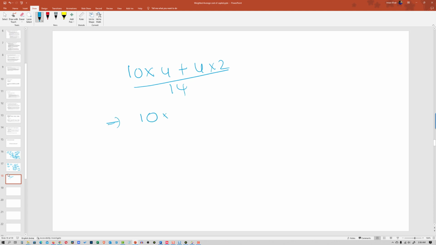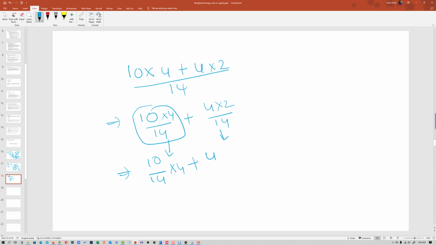I can say 10 times 4 divided by 14 plus 4 times 2 divided by 14, and I can also say 10 divided by 14 times 4. I'm just writing this as this. Likewise, I'm going to write this as 4 divided by 14 times 2.